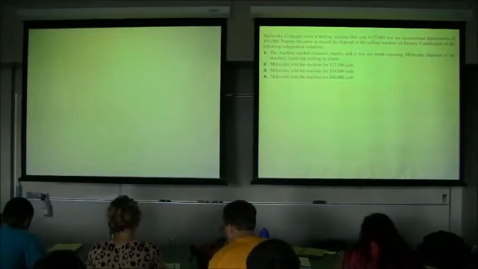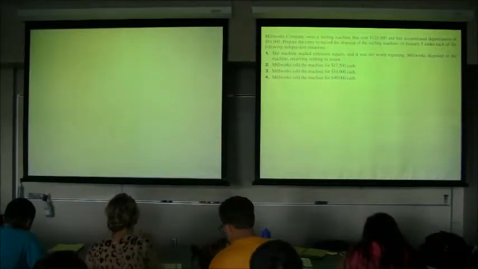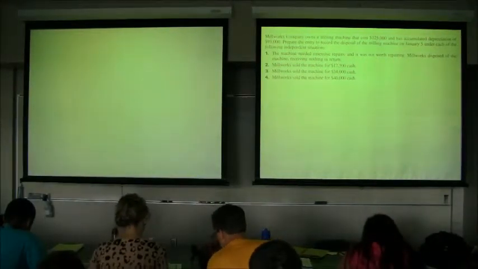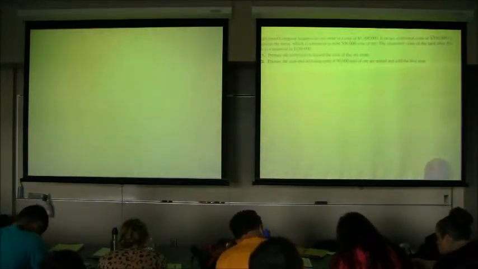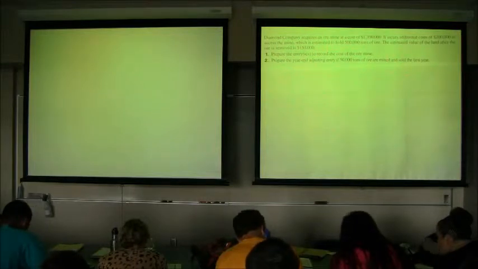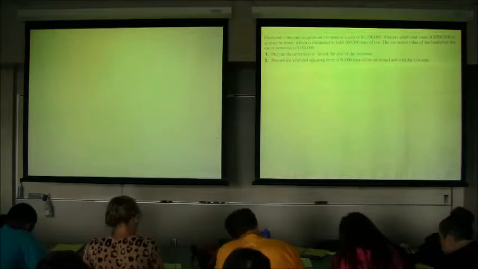Okay, let's take a look at what we've got here. Quick Study 1010 reads: the Diamond Company acquires an ore mine at the cost of $1,300,000.